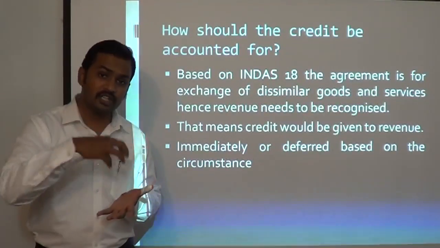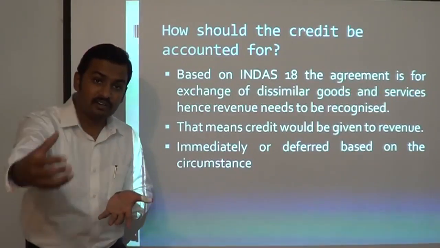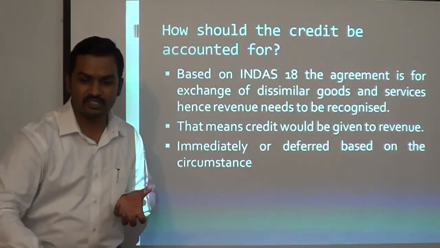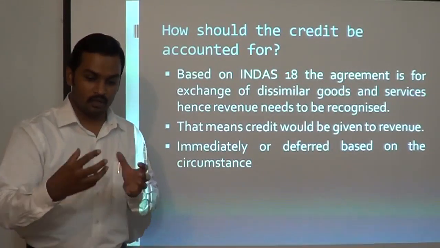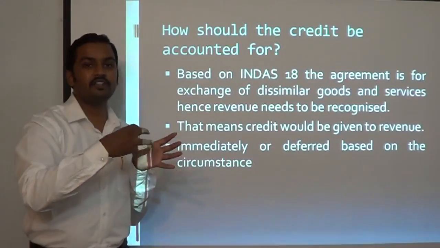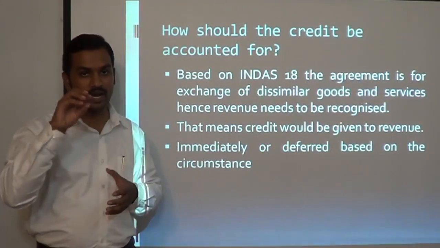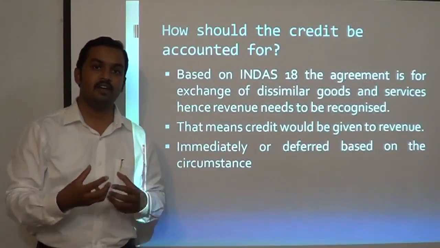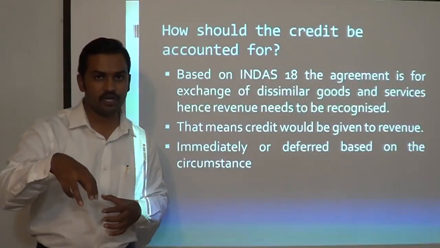Now, how can you measure the revenue? It should be based on the fair value of the consideration received. So you have given some services, you have provided some goods, so you have to recognize revenue relating to it. At what value? At the fair value of the consideration received or receivable. So as per Ind AS 18, when there is an exchange of similar goods, no revenue can be recognized. When there is an exchange of dissimilar goods, revenue has to be recognized.